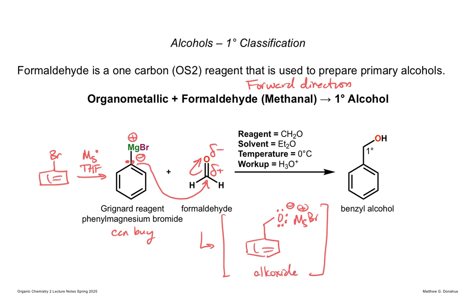And we called that an alkoxide intermediate. So it sits there until you do the workup. And so what you're doing there is you're just adjusting the pH to protonate that oxygen. So in a proton transfer with hydronium, it would look like this. And then you would end up with your, in this case, primary alcohol.